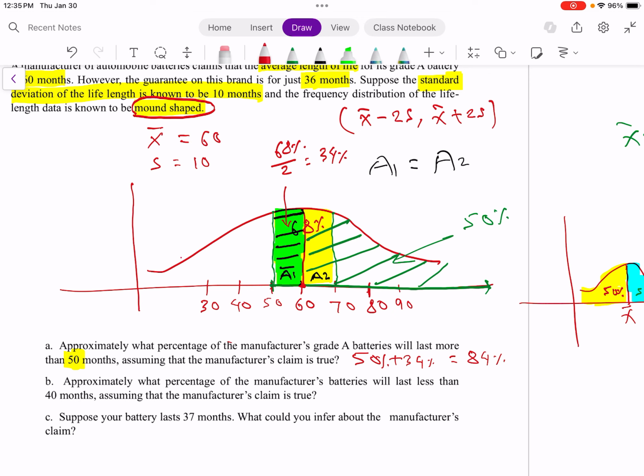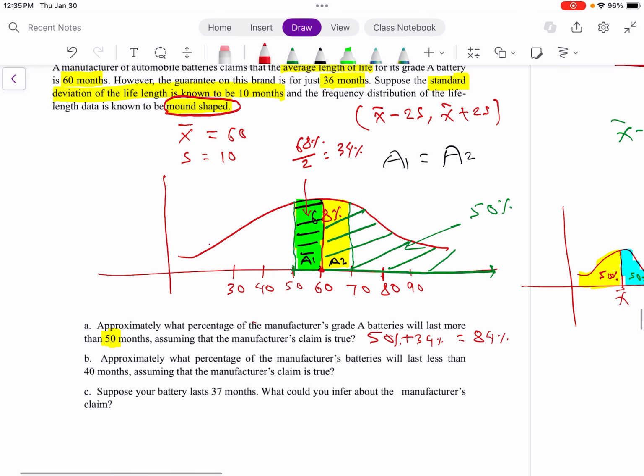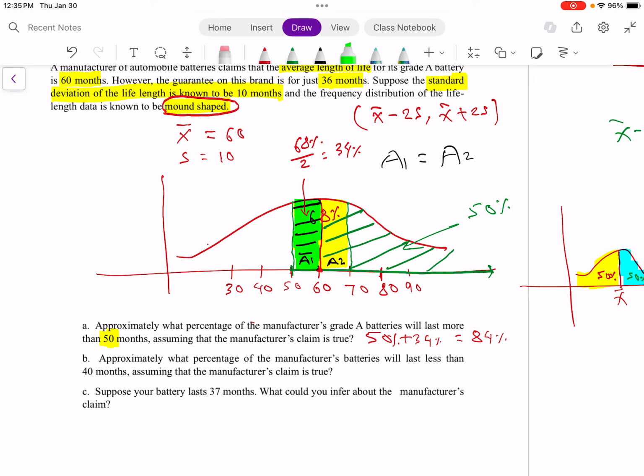Any question for part A? Okay, so now the next question: approximately what percentage of the manufacturer's batteries will last less than 40 months? So our 40 is here.